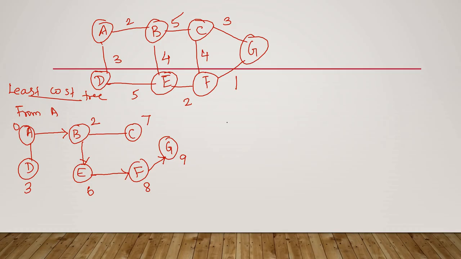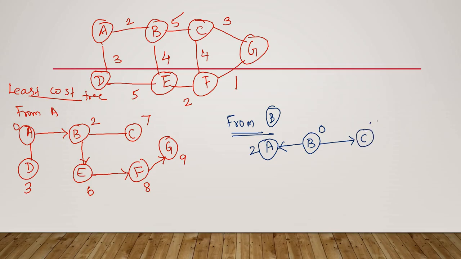So now we can solve one more from B. Okay, so from B to B the cost is 0. B to A the cost is 2, and B to C the cost is 5, and D, same thing. We can travel through E or through A. Through E means 5 plus 4, 9, and through A means 2 plus 3, 5.